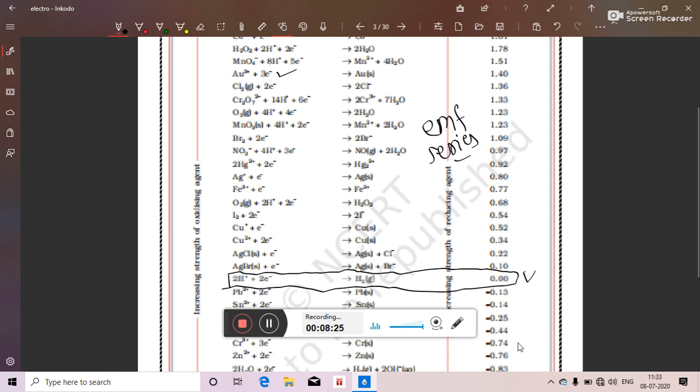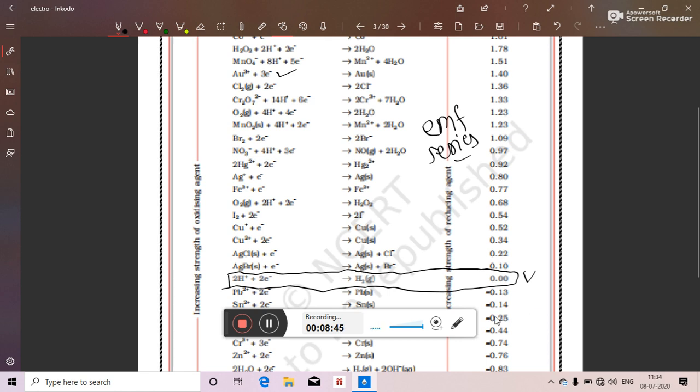That's why they have less reduction potentials. As they can be reduced with difficulty, they will undergo oxidation. So the one whose reduction potential is more will undergo reduction, and the one whose reduction potential is less will undergo oxidation.